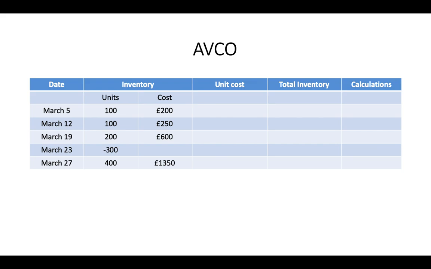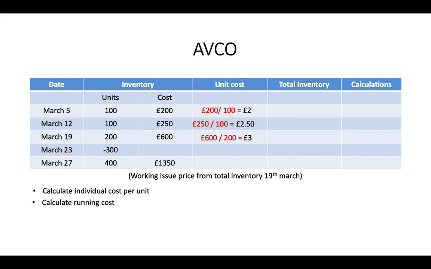Finally, we're going to look at the average costings. Here we're going to be doing a snapshot price on March the 19th. This is a unit cost that we're going to create simply for this issue. It's not to be used further on in valuing your products. So once again, calculate the individual cost per unit and calculate the total inventory.